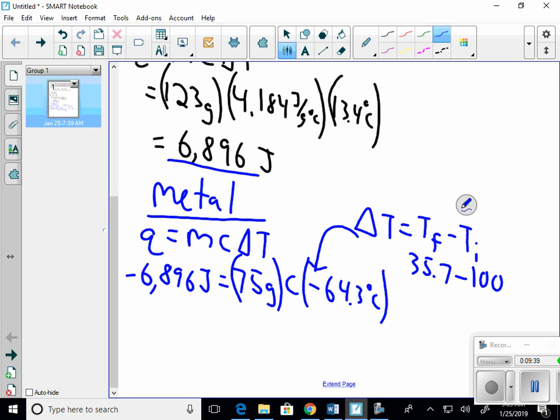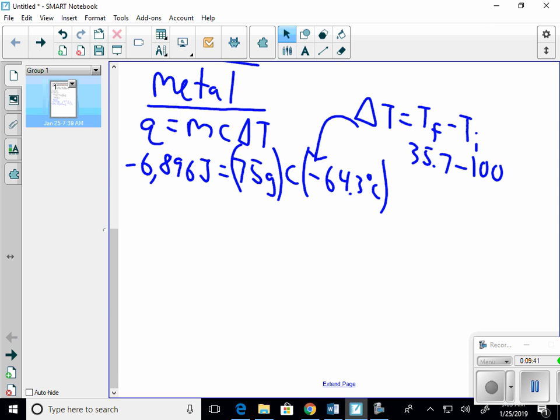And now it's a matter of algebra. I have a variable. I need to divide both sides by 75. I need to divide both sides by negative 64.3. I actually already have the answer for this, so to save you a little calculation, it's 1.43. And the unit for heat capacity is always the same.